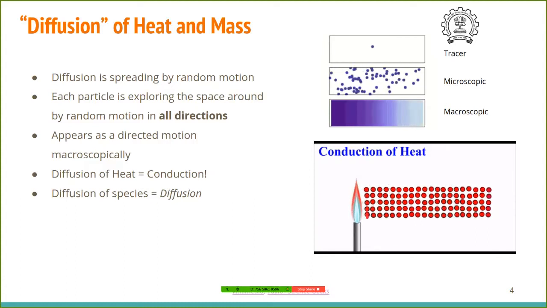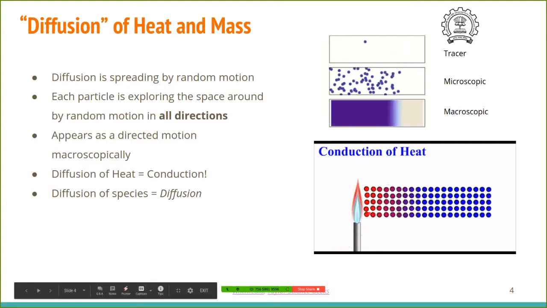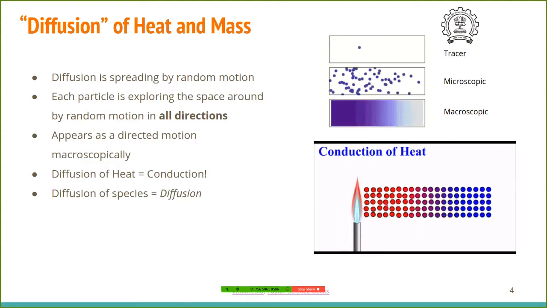Now, what happens here? When you heat the molecules that are here, the molecules themselves are at this location, but the heat goes from here to here. Now, there is an analogy between this and what we see here. Here, heat goes by random motion from this place to this place.